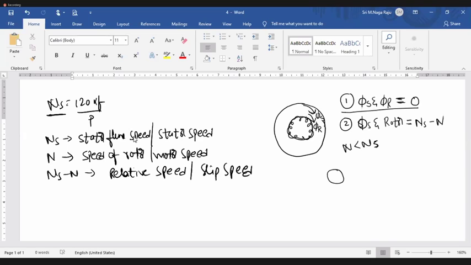Here, the EMF produced in the rotor is due to the stator flux. So the speed of the flux will definitely be equal to the stator flux. So the speed of the rotor flux and stator flux is equal.